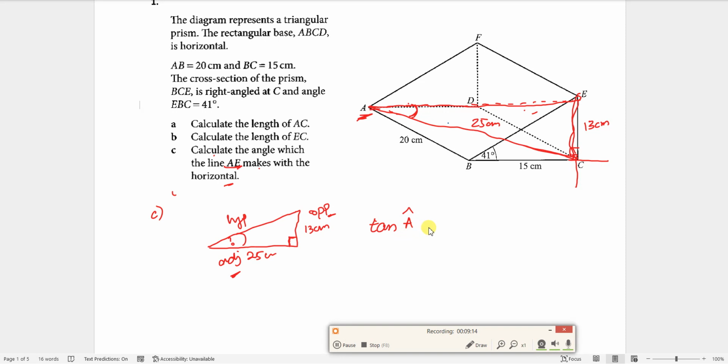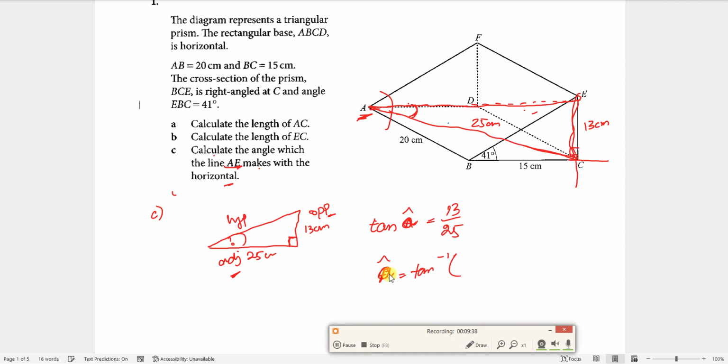So tan A is equals to opposite, we have 13, and 25 adjacent. So angle A is equals to tan inverse, or you can make it small a, because it's not exactly angle A, which means the whole one. But since we are just taking a segment, let's name that small a.